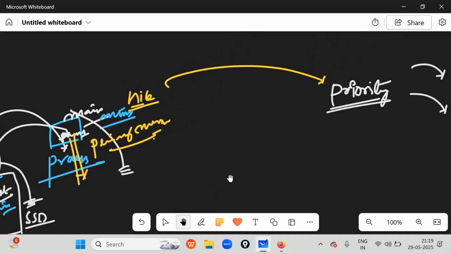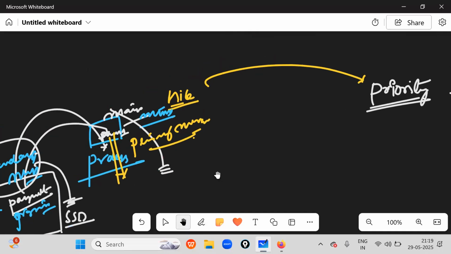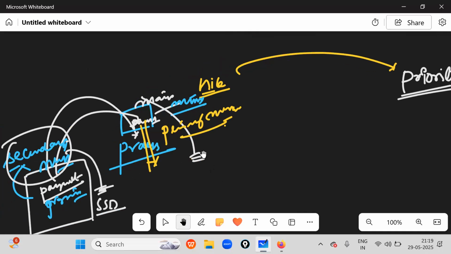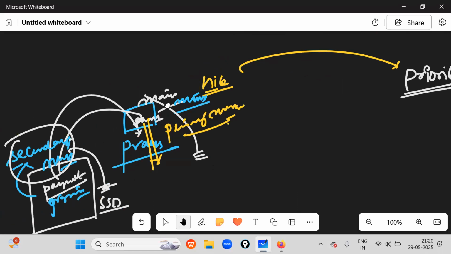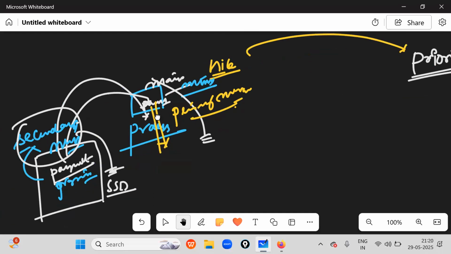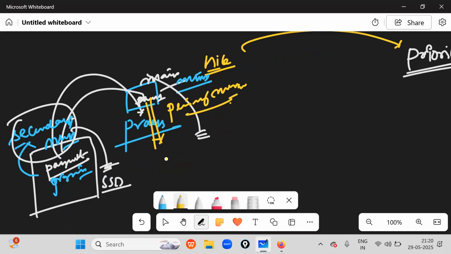There are many memory locations available, and I'll discuss all these in this session. Afterwards, you can also understand swap memory and shared memory.